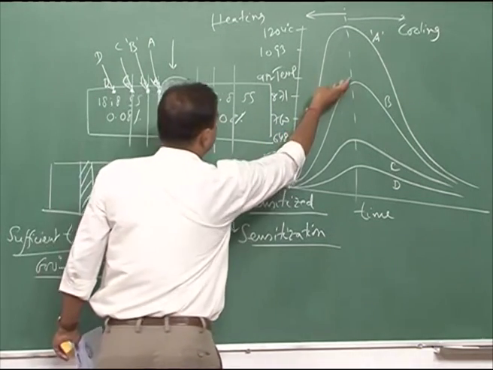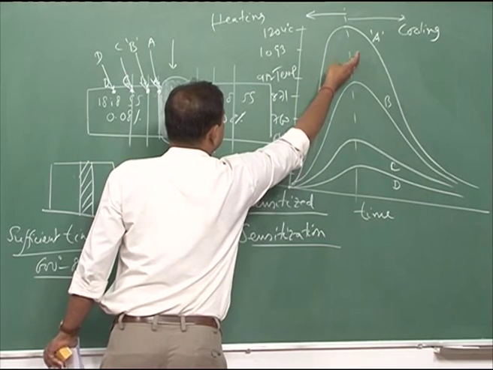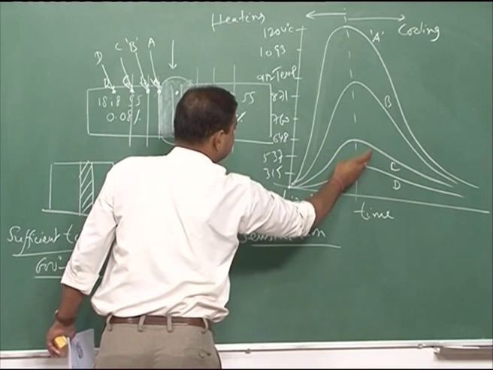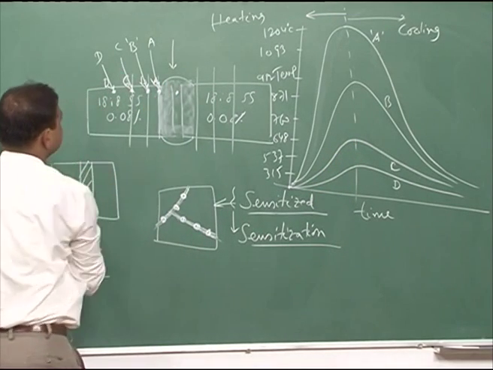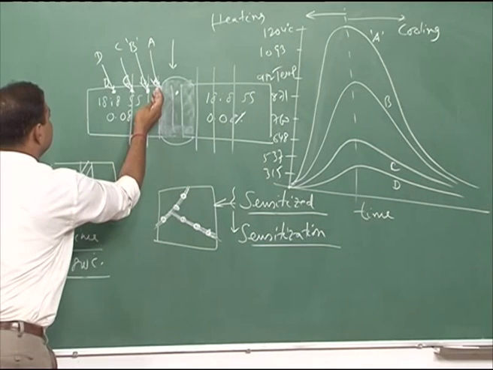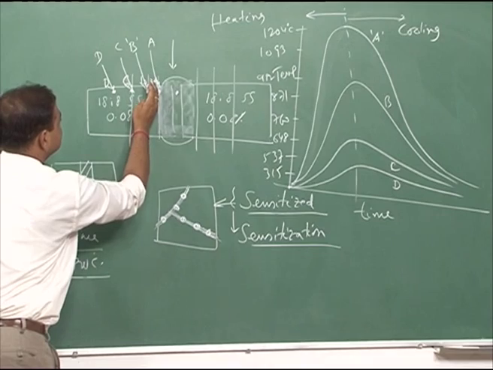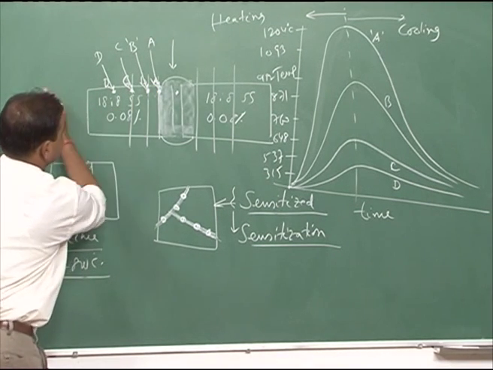As you go down from the maximum temperature to this level, to this level, to this level, that means as you go away from the fusion zone, the maximum temperature attained would be less as you go down towards this side.